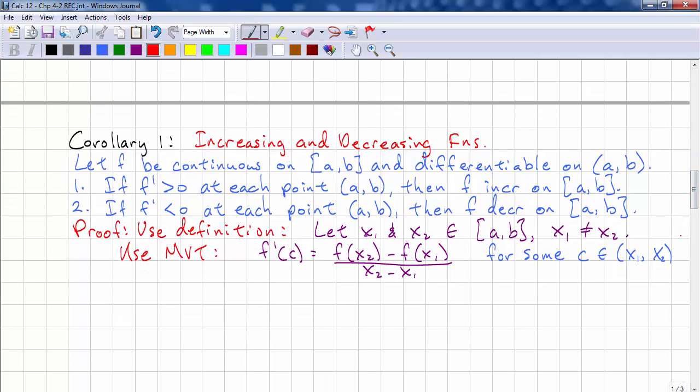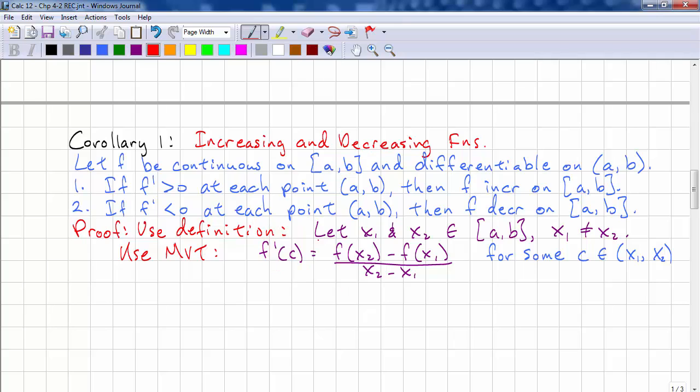So we start with the definition. Let x1 and x2 be in a to b such that x1 does not equal x2. And it's okay to include the endpoints here. And we're going to use the mean value theorem as well.